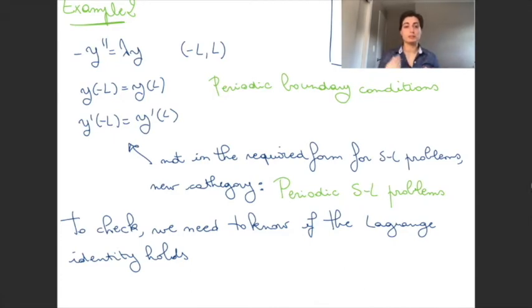These periodic boundary conditions are not in the form that we usually require for the Sturm-Liouville problems. So we have to expand our Sturm-Liouville problem with a new category, periodic Sturm-Liouville problems. We should still check that the Lagrange identity holds in this case.